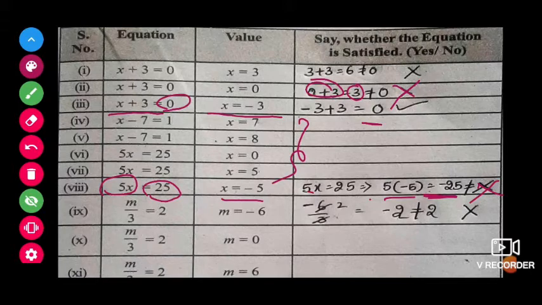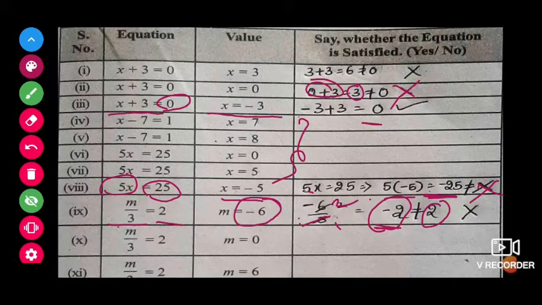Next, here m by 3 is equal to 2. So in the place of m they given minus 6. If I substitute minus 6 in the place of m, 3 2s are 6, we will get minus 2. Now we will get left hand side minus 2, right hand side 2. Are both same?